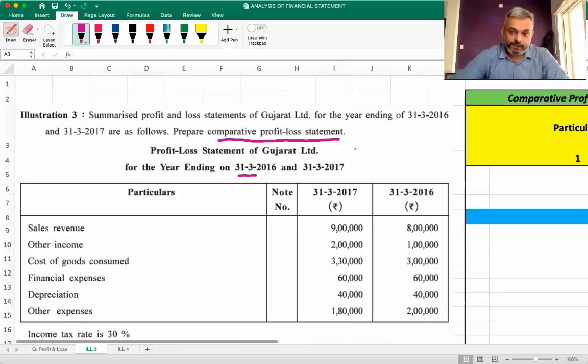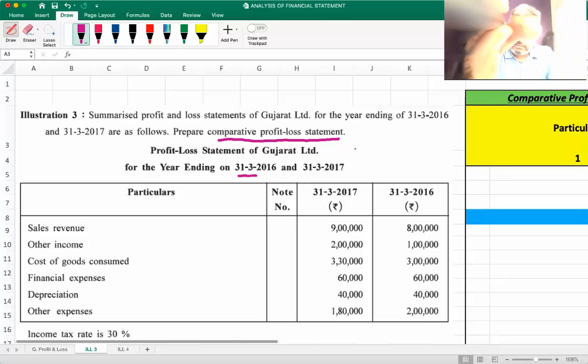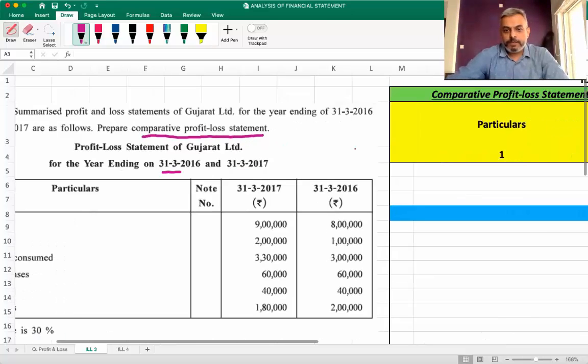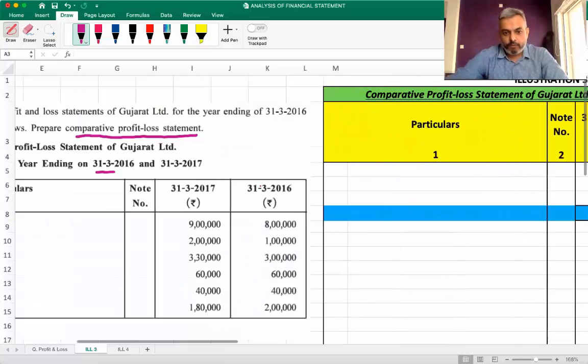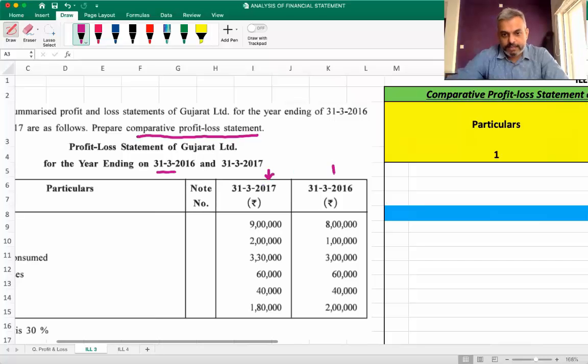Dear students, please pay attention over here on the screen. Now over here in the format, you have written 16 first and then 17. But over here it is 17 first and then 16. So while you do this sum, you have to be extra careful because if amounts are interchanged, your sum will go wrong.